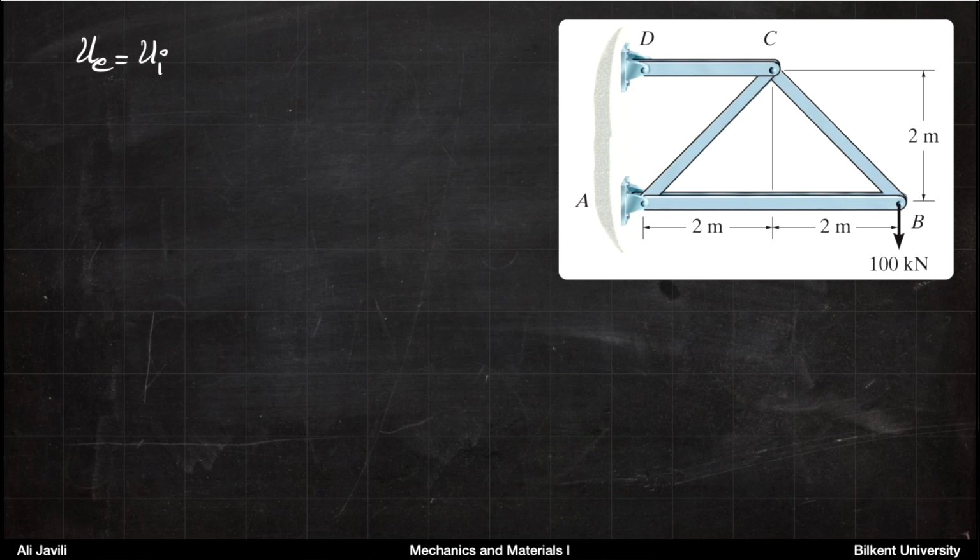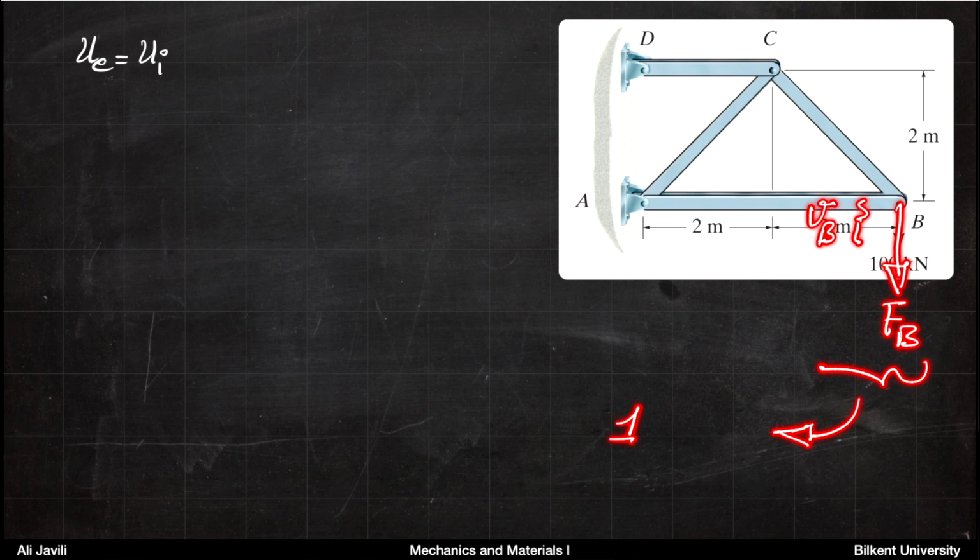So in order to solve this problem, we use the conservation of energy by setting the external energy equal to internal energy. Now, the external energy, if you have a deflection of VB at point B and you apply a force of FB, you can imagine the external energy, or the work that you have to do here, is 1/2 times force times deflection.